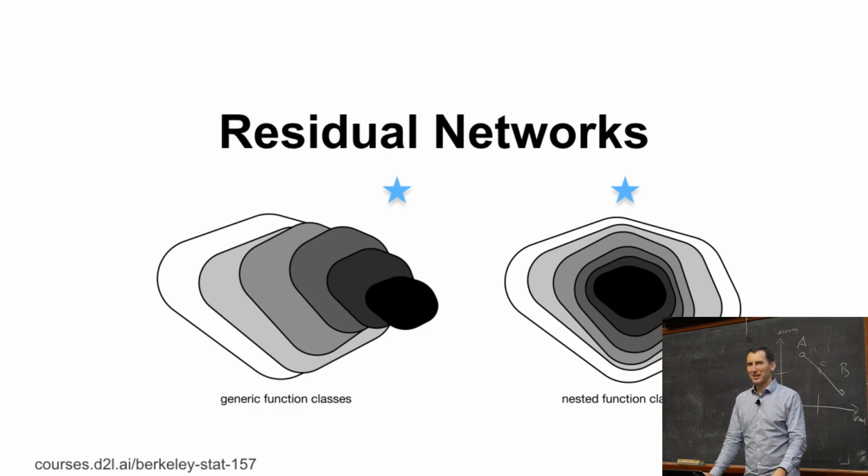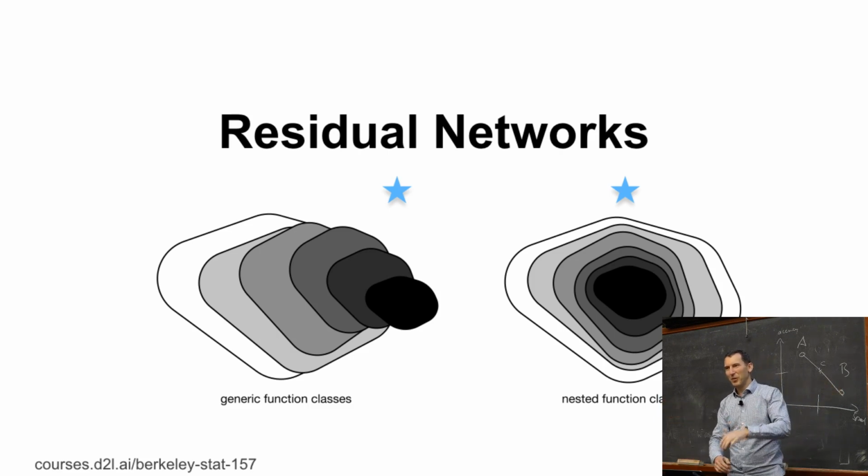So how can we make it a little bit closer to the one on the right? On the right-hand side, the function classes still get larger. As a matter of fact, I drew that right plot by just taking the picture on the left and making it smaller, and just centering it. So it's the same power of function classes, just that they're nested.